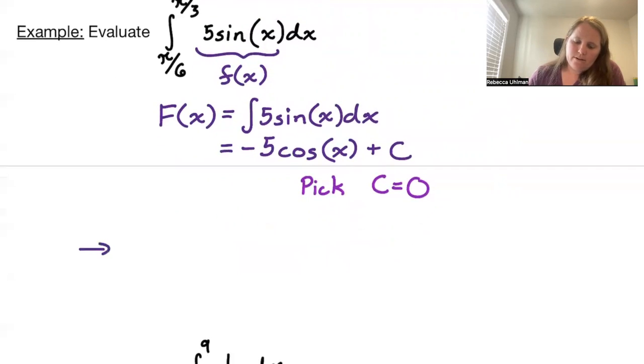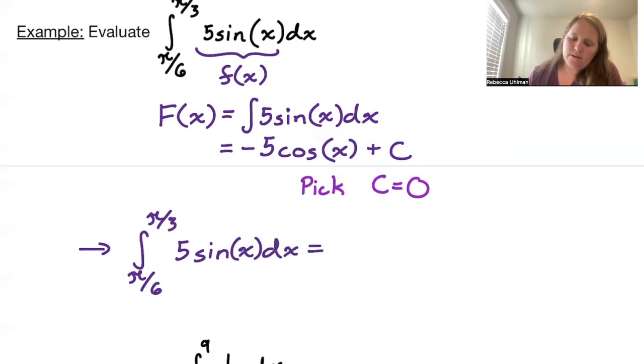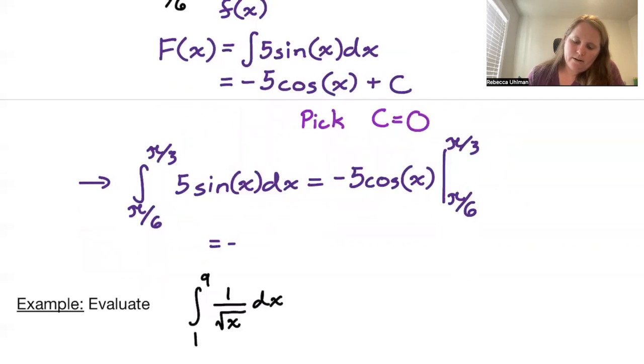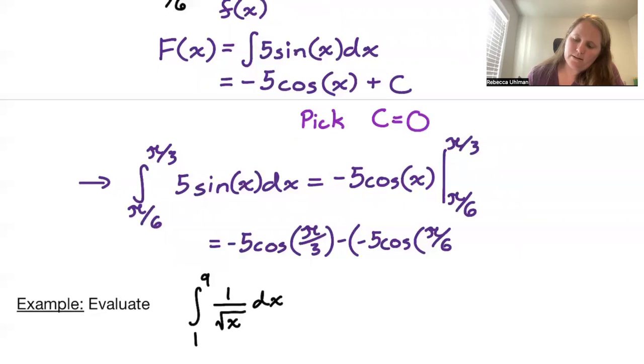This gives us, therefore, that the definite integral from pi over 6 to pi over 3 of 5 sine of x dx is equal to, we have a negative 5 cosine of x, and we are going to evaluate that from pi over 6 to pi over 3. So we are looking at a negative 5 cosine of pi over 3 minus negative 5 cosine of pi over 6.